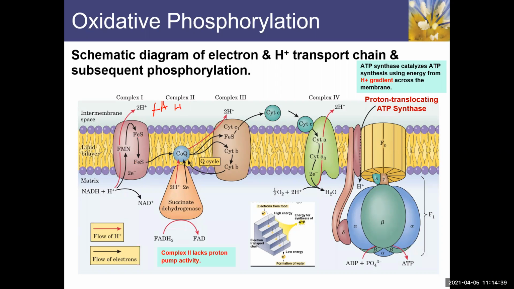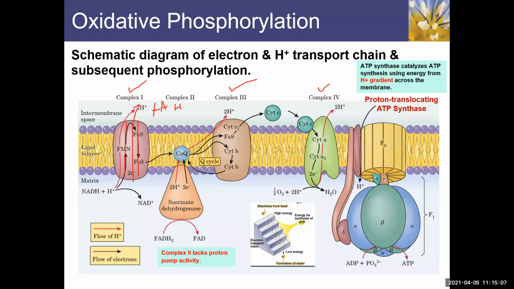So all these complexes, whether it's complex 1, complex 3, or complex 4, all of them have channels through which protons can go into the intermembrane space. The only respiratory enzyme which does not pump protons towards the intermembrane space is your complex 2.